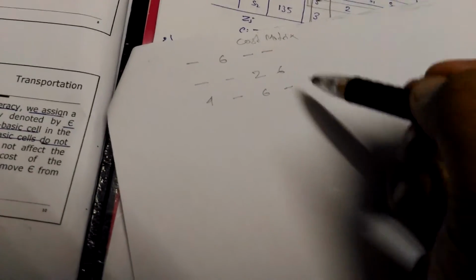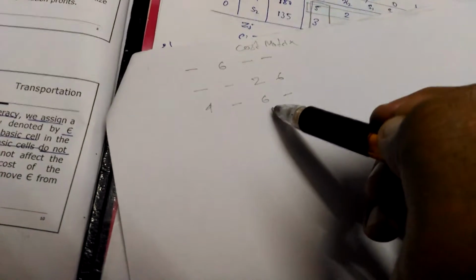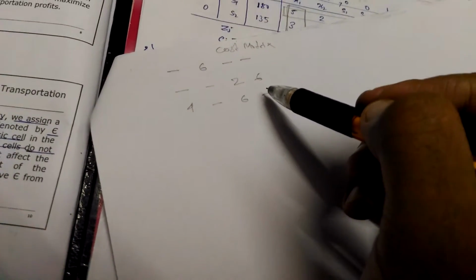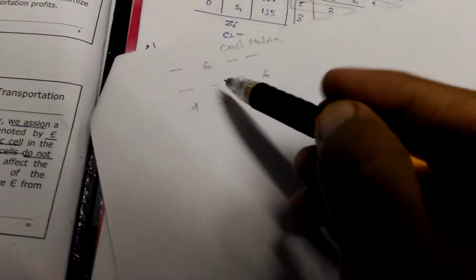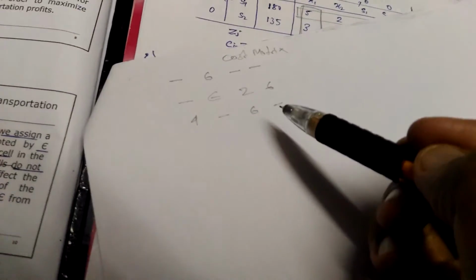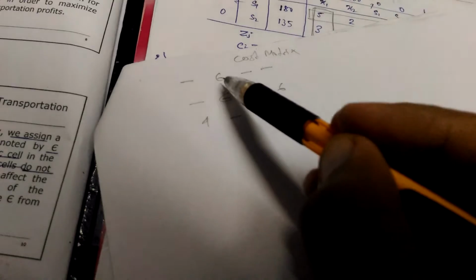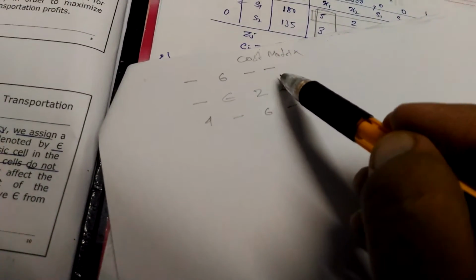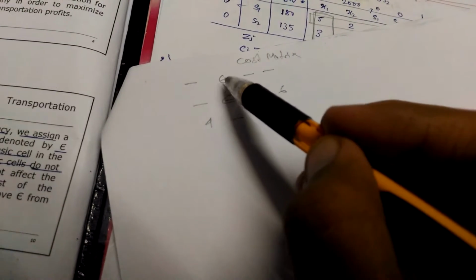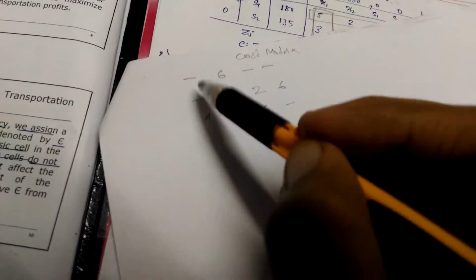Now we have to put epsilon in the blank spaces in such a way that epsilon doesn't form a loop. Suppose we have put epsilon here, then it is not forming a loop. See, it can go and turn here, okay, fine. Now it cannot turn anywhere here, so it is not forming a loop. It can go and turn here. Now there also it cannot form a loop.